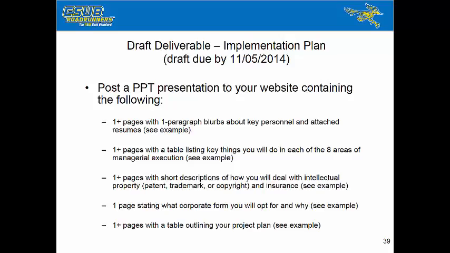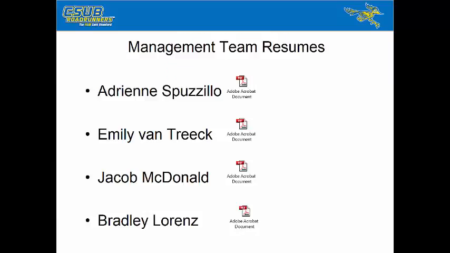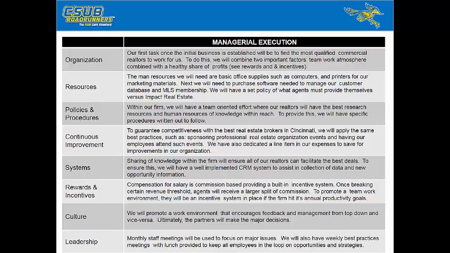And so I've got an example of how all this looks when it's done. Basically, you've got a page with the name of each person and a brief one-paragraph description of how cool they are. You've got a list of everybody's resumes where you can double-click and get them if you want. You've got a little chart that looks like this on how you are going to deal with each of those 8 areas that I talked about in terms of execution.